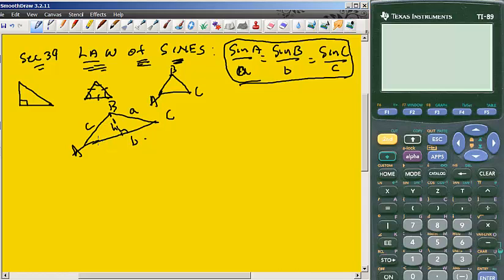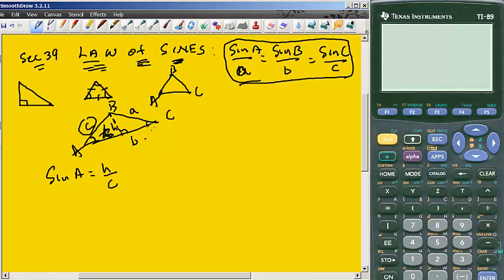By basic trig, sine is opposite over hypotenuse. So sine of angle A is equal to opposite, which is H, over hypotenuse, which is C, since this is a right triangle right here.